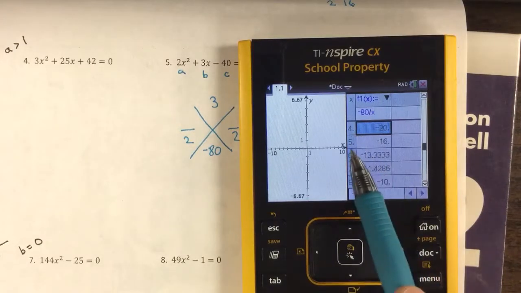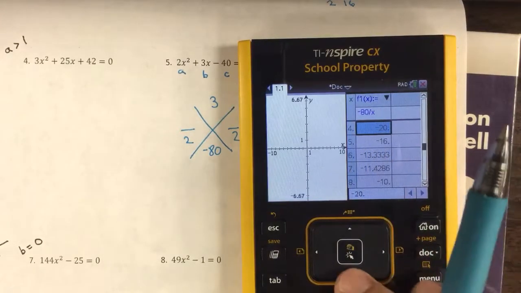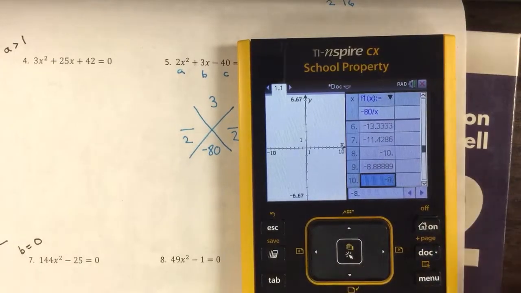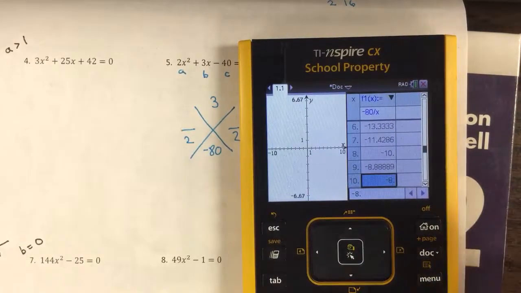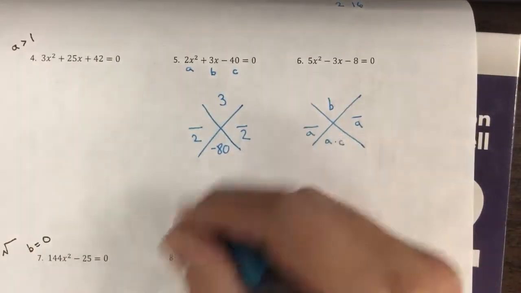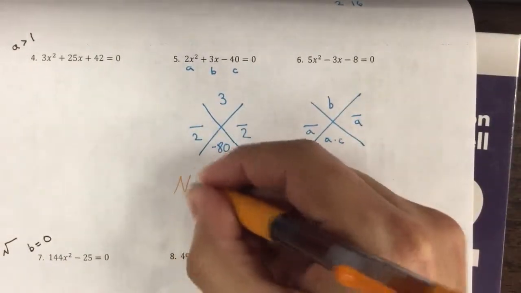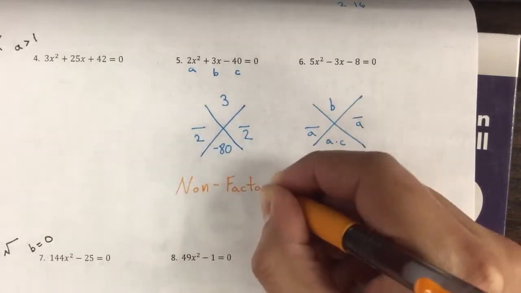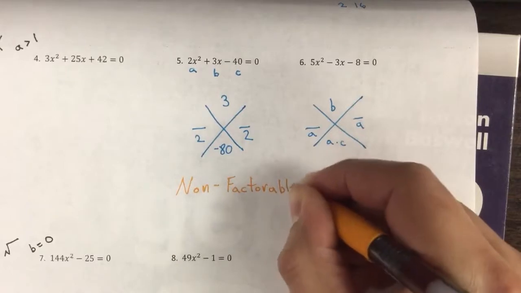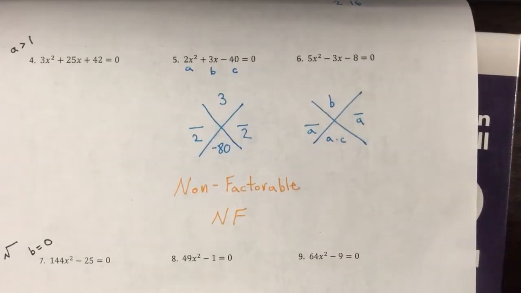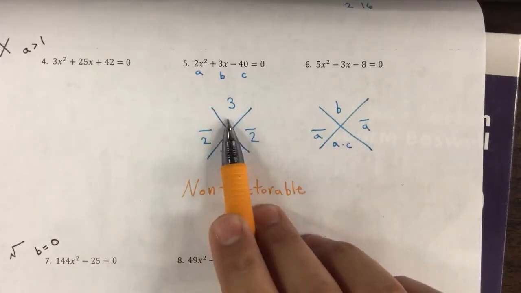Here I get 16, here I would get 11, here I would get 2. And then once it starts repeating itself, you shouldn't go any farther. So actually, this one doesn't exist. This is non-factorable. We can't factor this out. Or you could just shorthand and say NF. Okay? So there's no factors of 80 that add to 3.